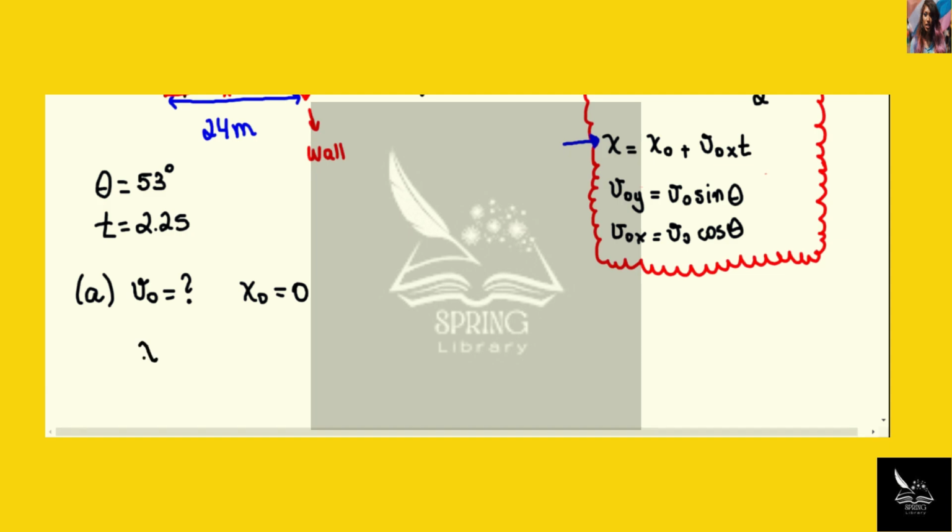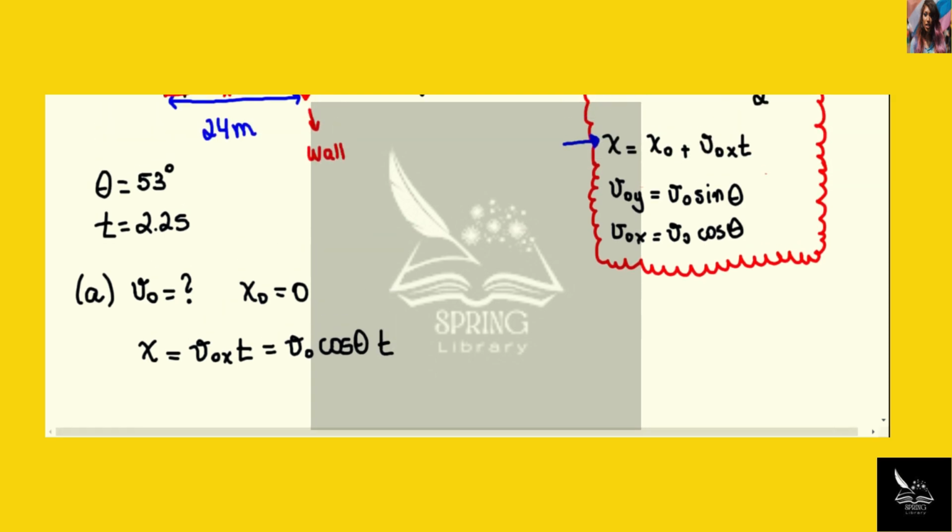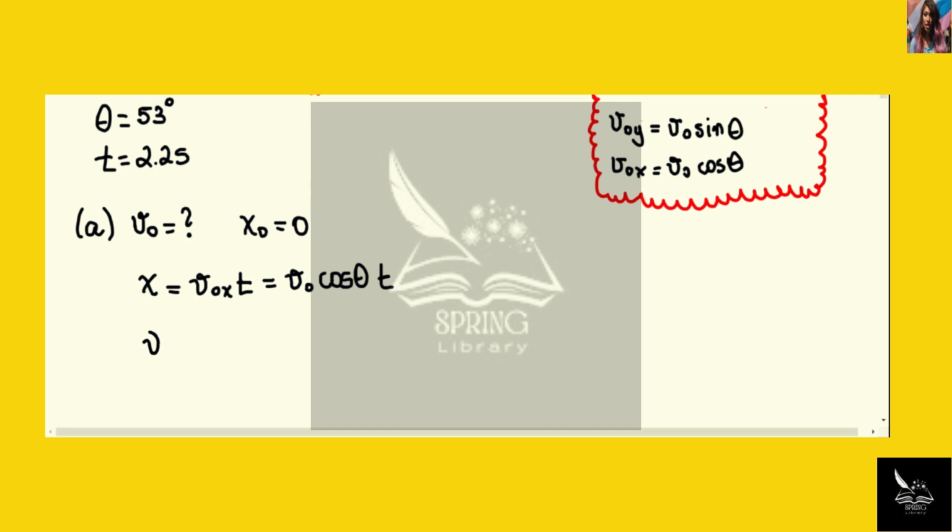So what we have is that x, the x-coordinate of the ball, is v0x times t, and v0x is v0 times the cosine of theta. Now we know that when x is equal to 24 meters, t is equal to 2.2.